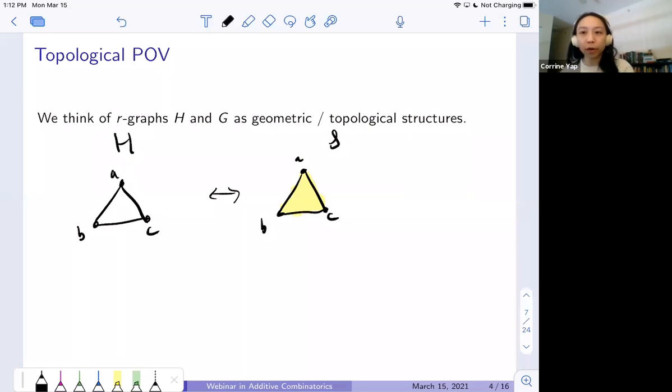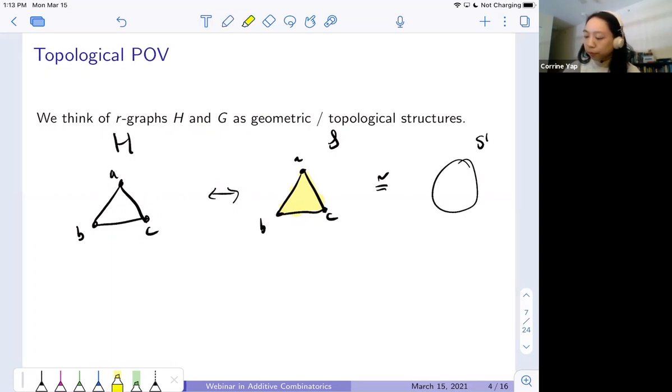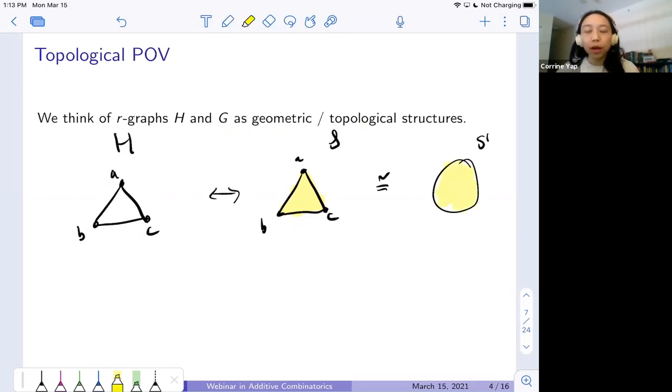And then I can talk about homeomorphisms between these simplicial complexes. For instance, if I just look at this single hyperedge or the single facet that I've drawn, this is homeomorphic to the disk. In general, when I'm talking about homeomorphisms, we're not going to be worrying about any technical aspects of homeomorphisms.